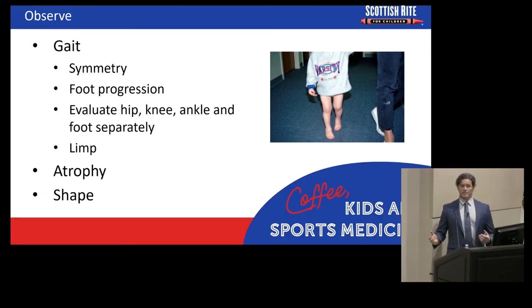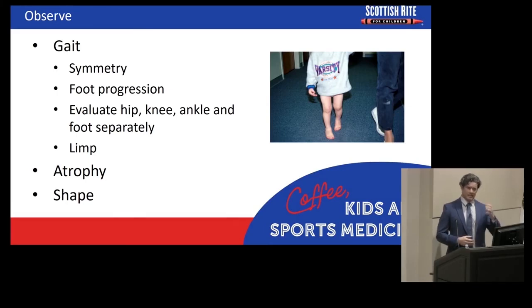And then observe the patient. First, gait. Can they or can't they walk? Okay. If they can't walk, you don't have to make them walk. Please try not to make them walk. Look at how their foot progresses if they're walking. Evaluate the lower extremity. So this is really important. When you're examining a patient for a lower extremity, they need to be in at least pants pulled up above their knees, preferably shorts.